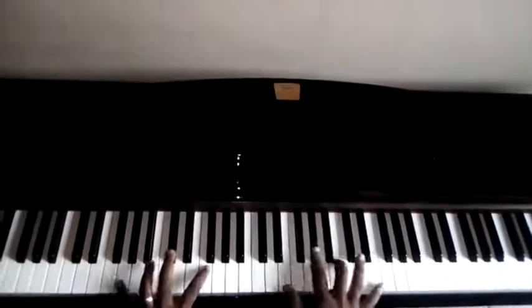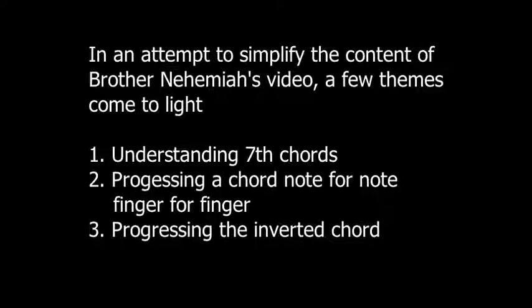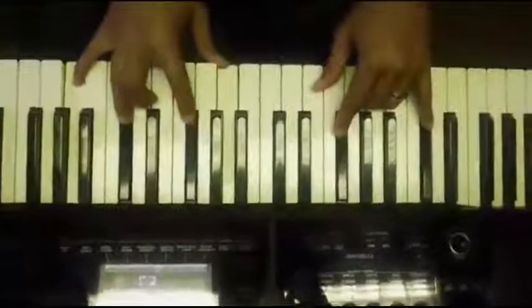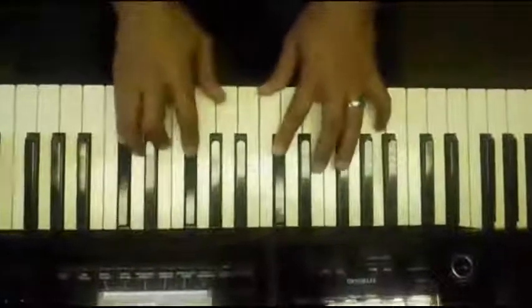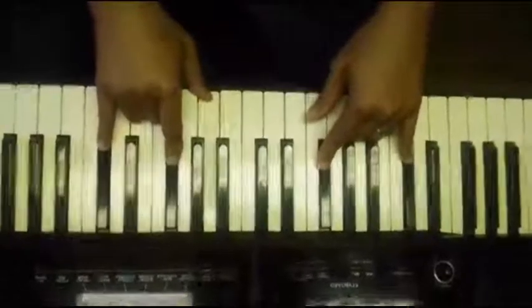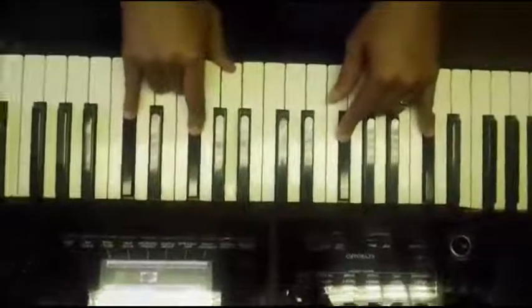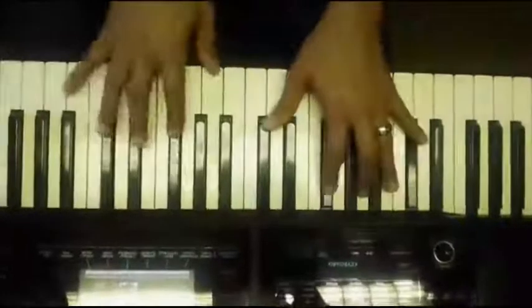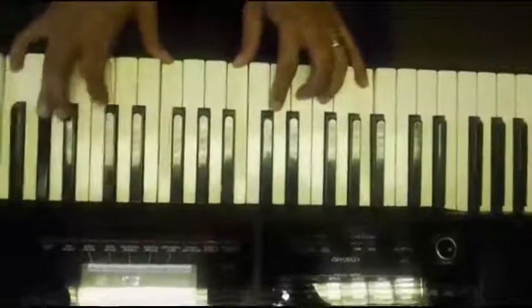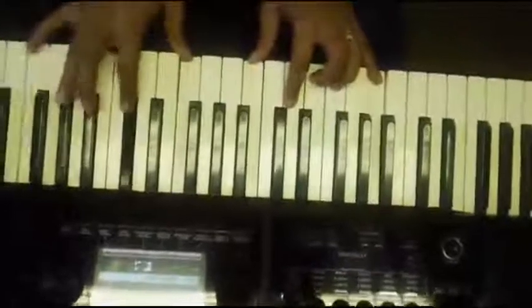But the final one is if you're out of E flat major. Now I'm going to use the same progression, but instead of doing the E natural, I'm going to do the E flat.